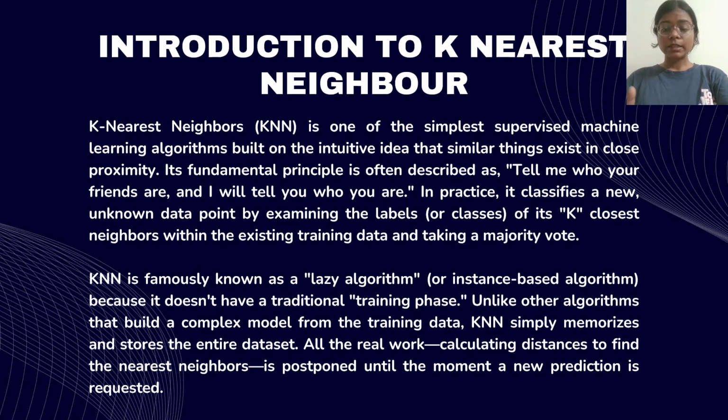In practice, this means we classify a new data point by looking at its k closest neighbors from the data we have already seen. The algorithm then takes a majority vote from those neighbors to decide what class the new point belongs to. KNN is famously known as a lazy algorithm or an instance-based algorithm.